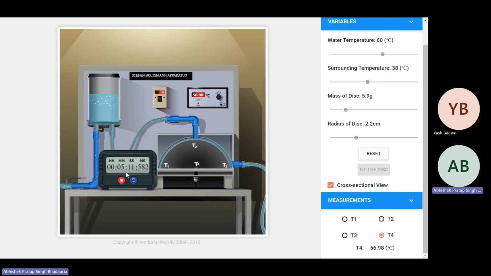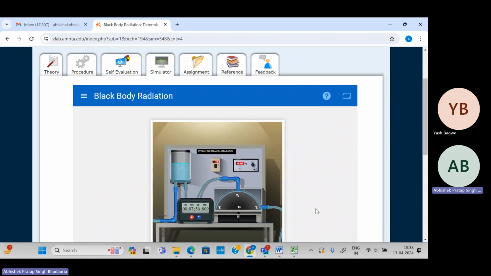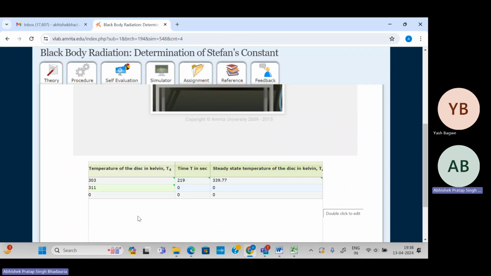Okay, so the time was 4 minutes 49 seconds, and the temperature 56.98. 4 minutes 49 seconds is 4 into 60 plus 49, that is 289 seconds.